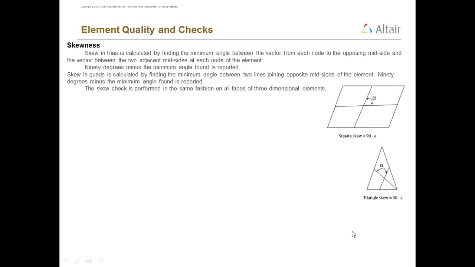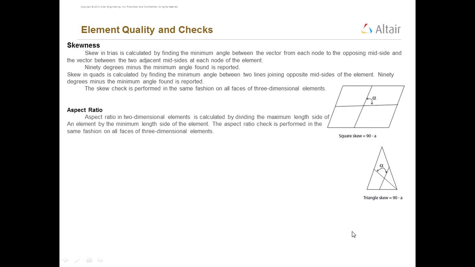Skew in quads is calculated by finding the minimum angle between two lines joining the opposite mid sides of the element. 90 degrees minus the minimum angle found is reported. The skew check is performed in the same fashion on all the faces of 3D elements.